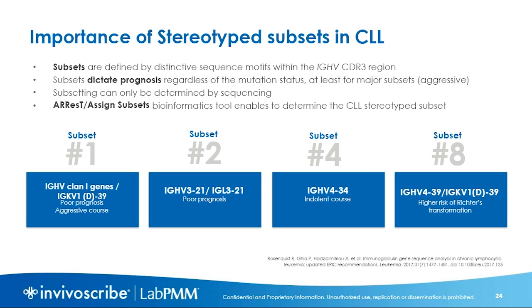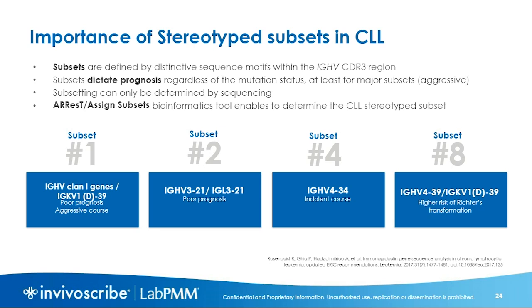Pay particular attention to the identification of subset number 2, as most cases belonging to this subset would otherwise be reported as mutated, given the presence of a moderate level of somatic hypermutation, usually leading it to identify germline level below the cutoff.